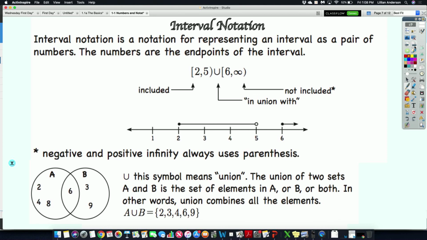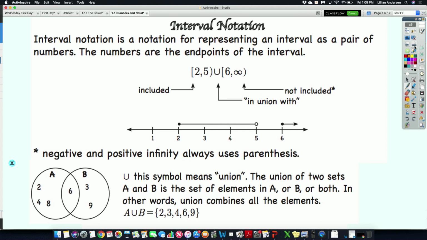There's a union involved. Has anybody ever seen this notation before? I think this might be what you are potentially more familiar with. Remember, these square brackets mean that the number is included. The parenthesis means that it's not included. What this looks like on a number line is what you see below. 2 is included all the way up to 5 not included, and everything greater than 2.